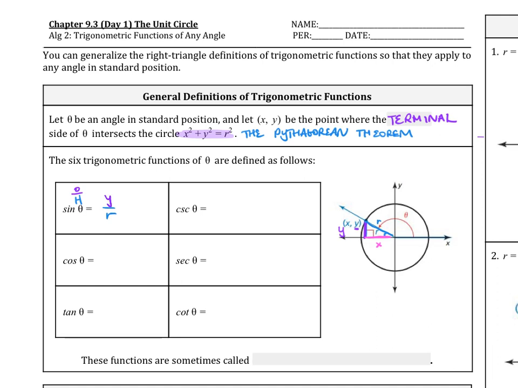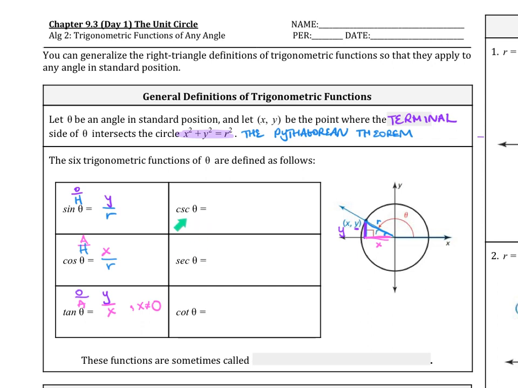Then cosine of theta, remember that's adjacent over hypotenuse, and adjacent in this case is x. So x over r. Then tangent of theta, tangent is opposite over adjacent, so y over x. And of course x cannot equal 0, so let's write down here that x cannot be 0.